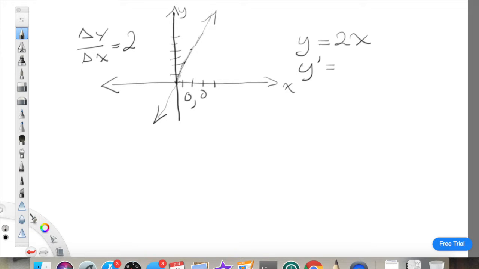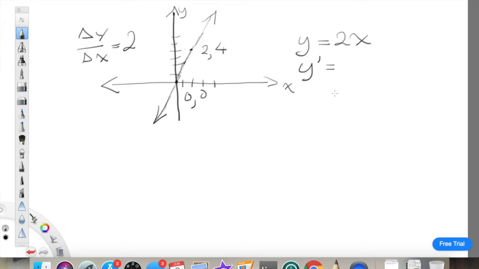There's 0, 0, and then this point 2, 4. Since the slope is 2, you can go up 1, up 2, change in y is 2. That's the definition of slope. And since it's a line, the slope is going to be the same everywhere.